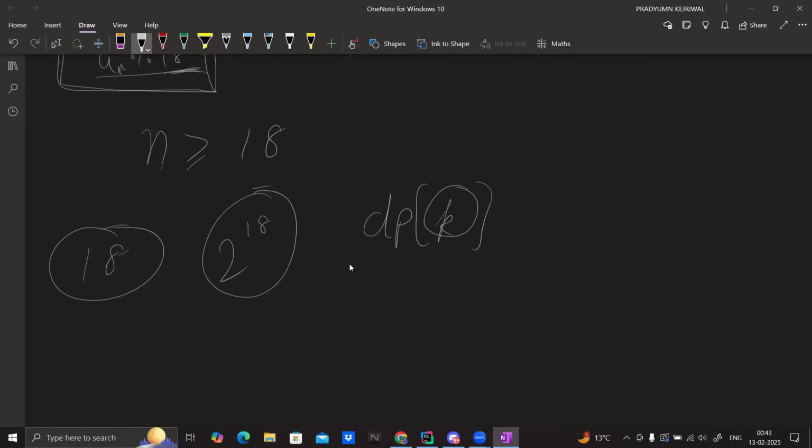Basically iterate over all the subsets of this 18 length array, and check whether that subsequence has a sum that is divisible by its length I or not. If the length of that subsequence is I, and the sum is not divisible by I, then you can just print that subsequence.